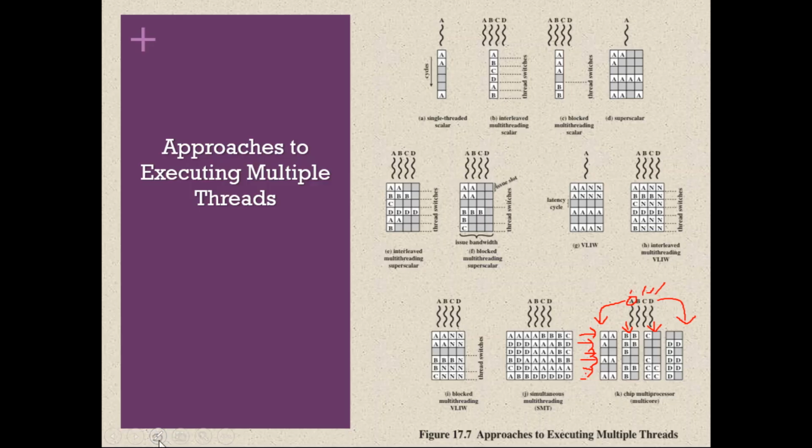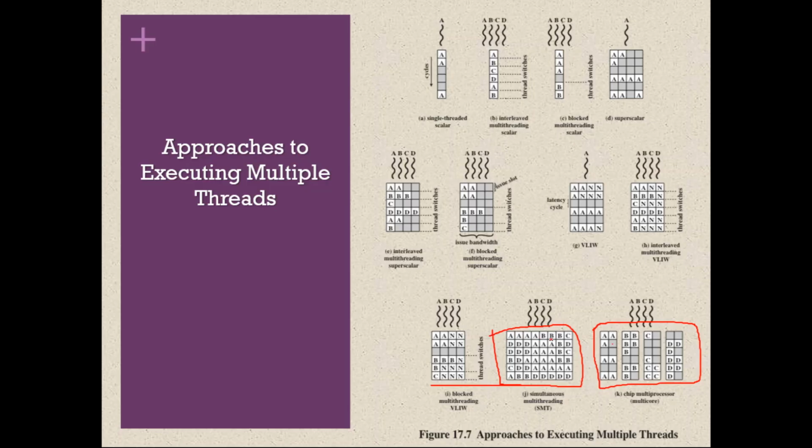So this is actually true parallelism, because here we have multiple processors. But even so, performance-wise, SMT is better than a chip multiprocessor. Because in a chip multiprocessor, if this clock cycle is wasted, then it cannot execute B or C or D. That is not the case with SMT.